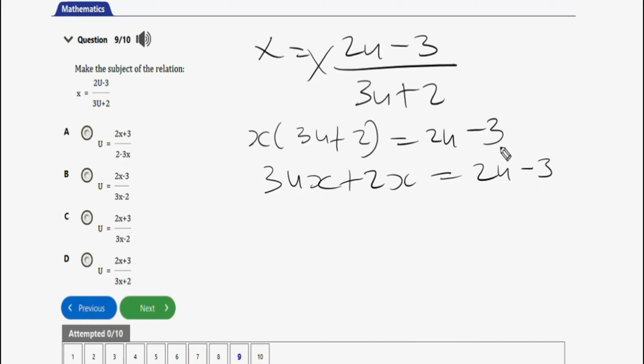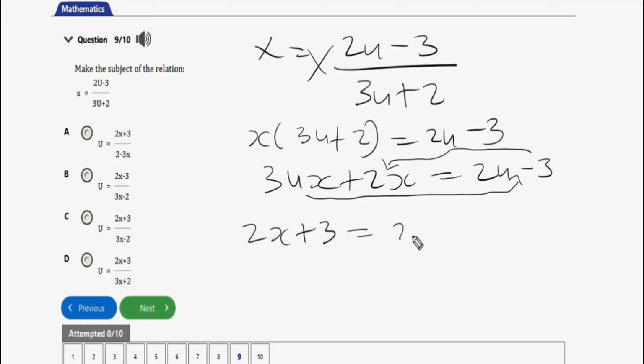So this negative 3 cross to this side, and this 3ux will cross to this side. So when this happens, since negative 3 cross now, we're going to have 2x plus 3, alright, equals 2u. This 3ux crossing over will change to minus 3ux.